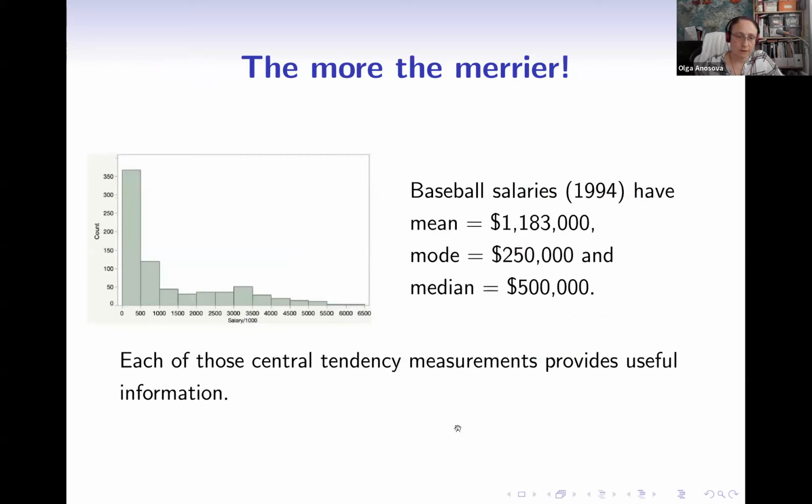So the main outcome of everything is that the more the merrier: the more descriptors we have, the better. And some of the descriptors are suitable for different tasks. For example, that's real-life data from baseball salaries. And depending on a question, you might be interested in different values. So the mode is relatively small, and that's exactly the number that one might expect if they just start their career in this business.